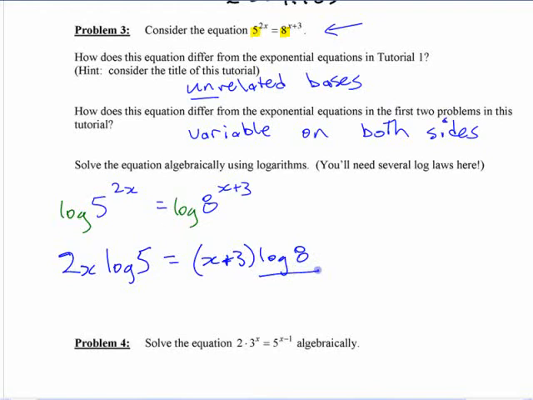Other than these weird numbers here, all you have to do is gather all the x terms on one side and work from there. If this were grade 8 or grade 9, and these were just normal numbers, as you might say, if you had 2 times x times some other weird number and you had this bracket with a number in front, you would do this, right?